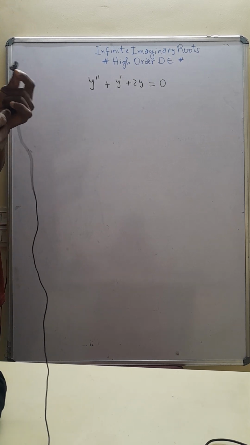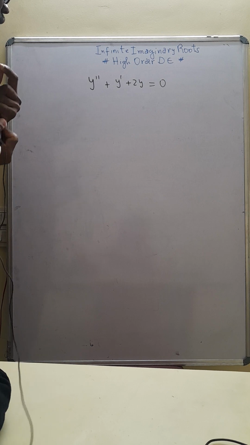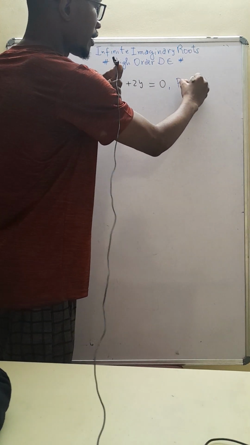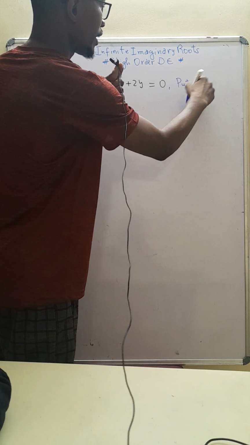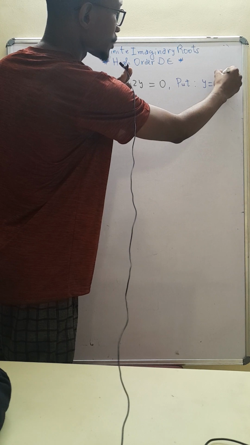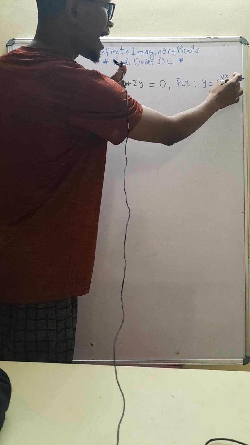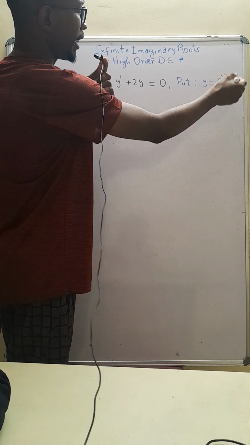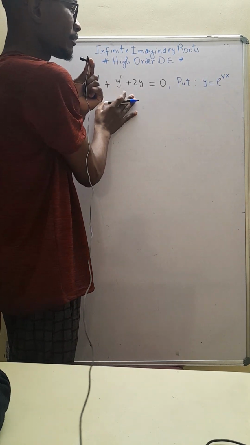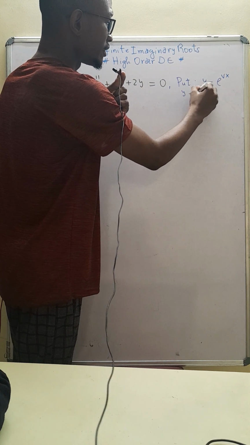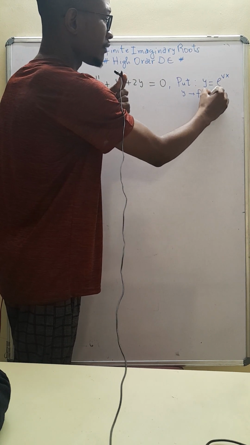So what do we have to do first? The first thing we are going to do is to apply the substitution. Let's put y equal to Euler raised to v x. As I told you before, v is a constant and x is the independent variable, considering that y is a function of x.